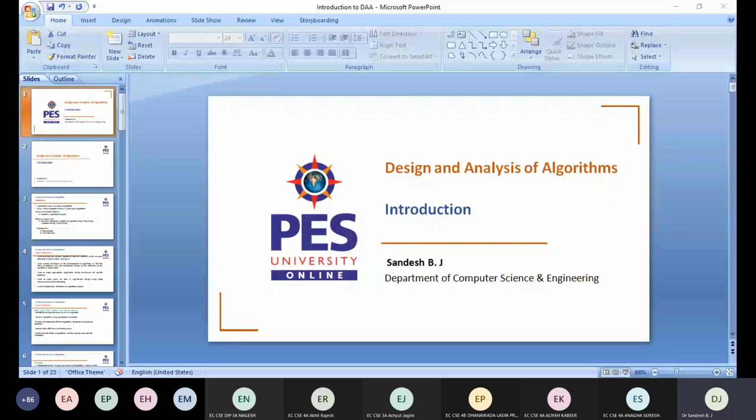So the main course objective is to learn to design and analyze algorithms with an emphasis on resource utilization in terms of time and space. In this course you learn various techniques to develop algorithms to solve problems.